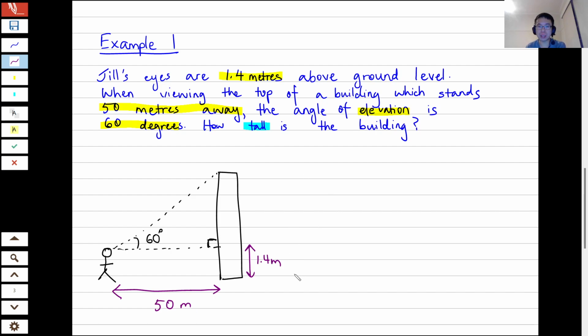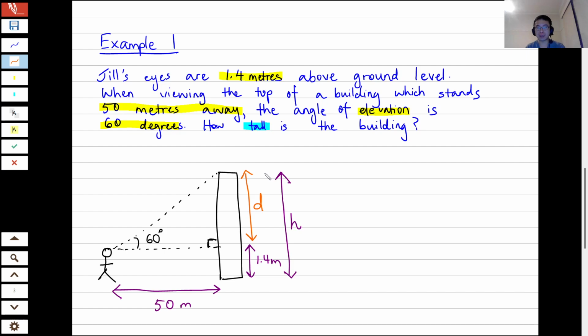Now, what we are being asked to find is this height, which I will call h. But h is not in the right angle triangle. What we actually have is this. As long as you're consistent, you can call that h, but then you'd have to add 1.4 meters to your answer at the end.